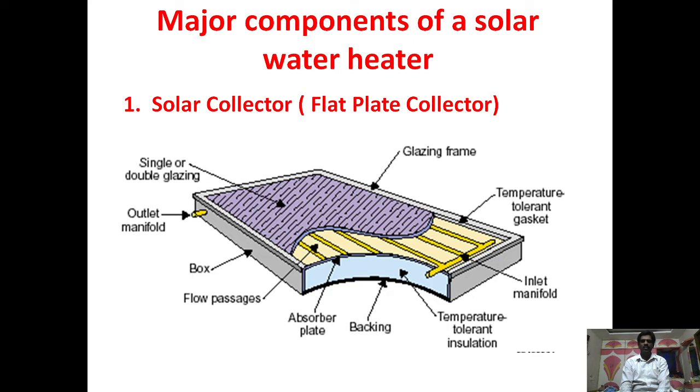By absorbing the solar energy using the absorber plate, the conducting pipes get heat energy, and the water flowing through these circulating pipes gets heated, and whatever water is heated is collected in a tank. That is the solar collector.